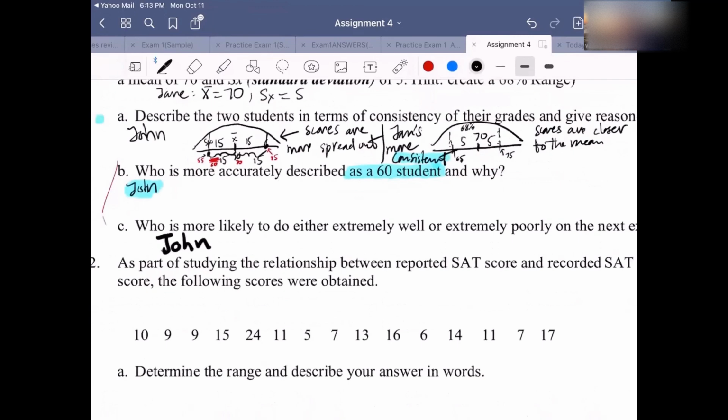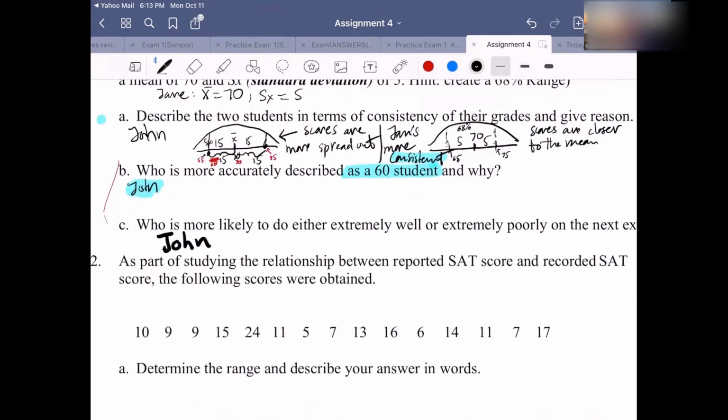Why is that? If you have to explain why you have that answer, it's because his standard deviation or variance is larger.